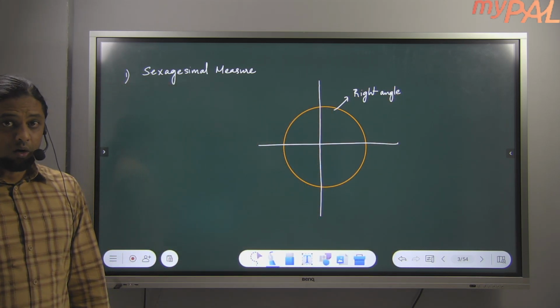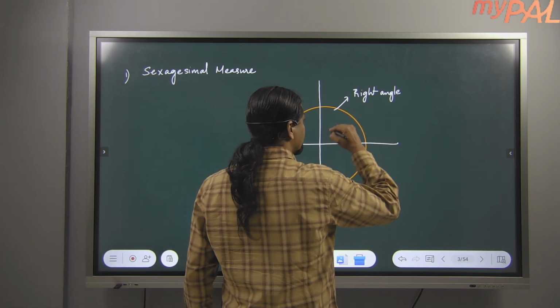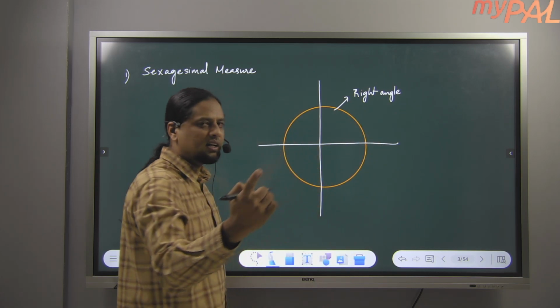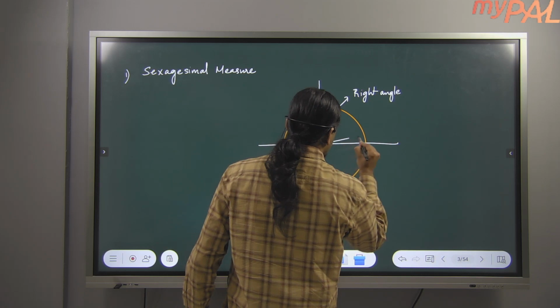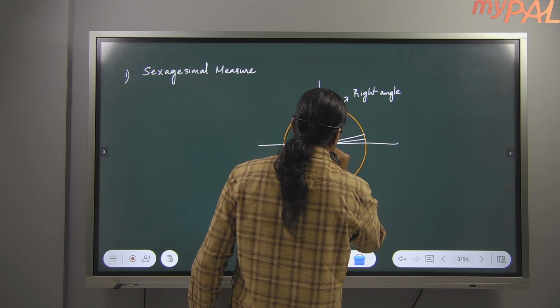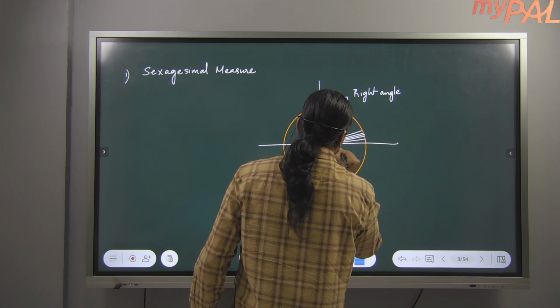Now what if I divide each of these right angles? I will divide one right angle into 90 equal parts. I'm not drawing all 90, I'm just showing that I can divide it into 90 equal parts.